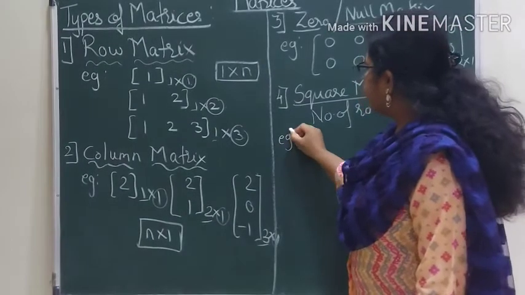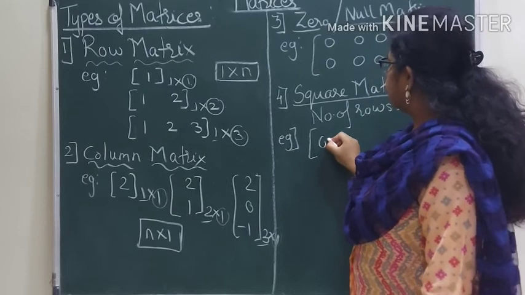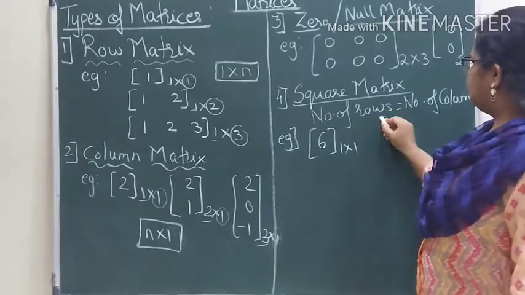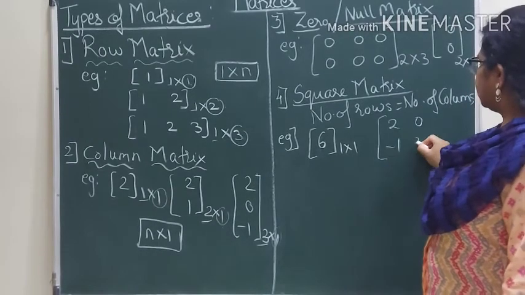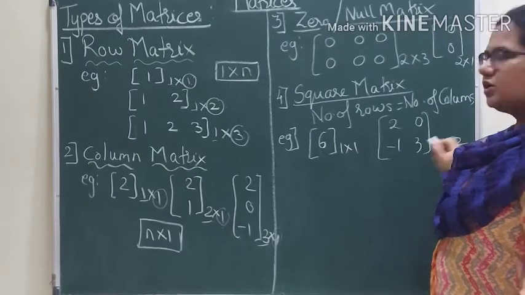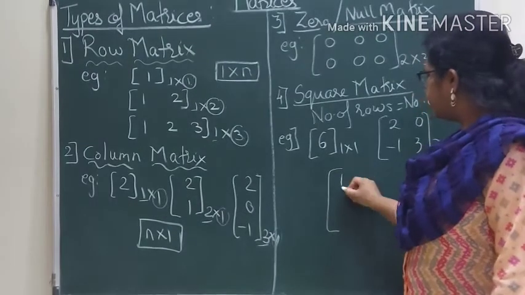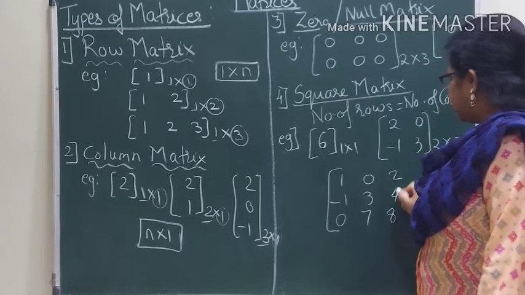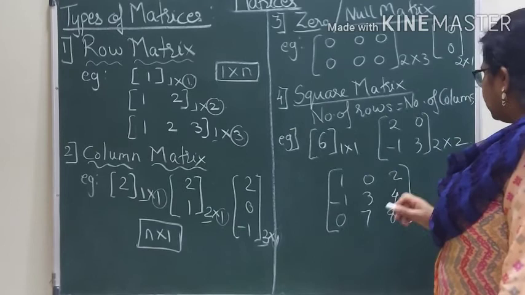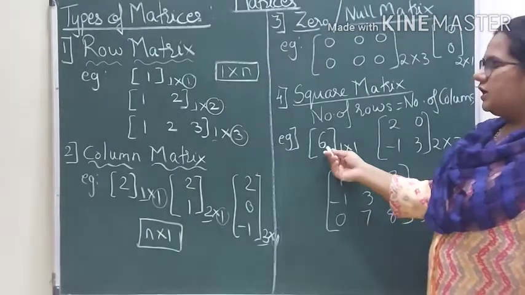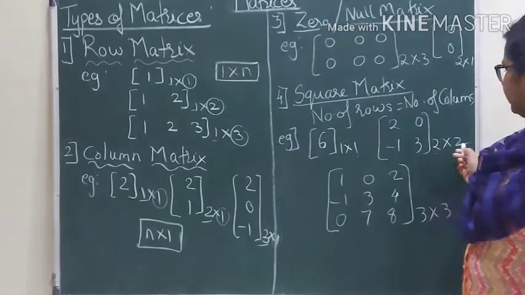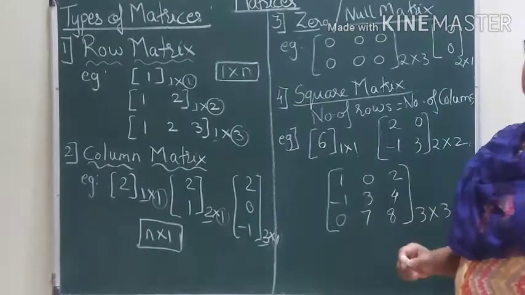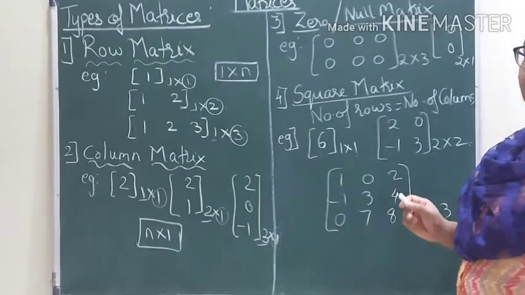See, I will show you some examples here. 6, 1 by 1, 1 row, 1 column. 2, 0, minus 1, 3, 2 by 2, 2 rows, 2 columns. 3 rows, 3 columns. So in these examples, what do you see? Number of rows equal to number of columns. So these three matrices are examples of a square matrix.